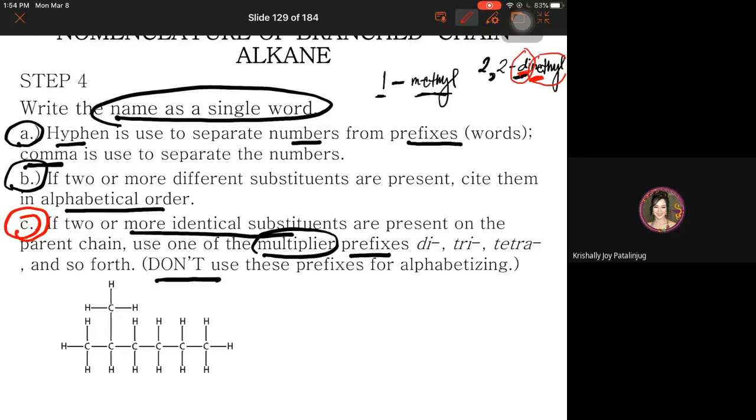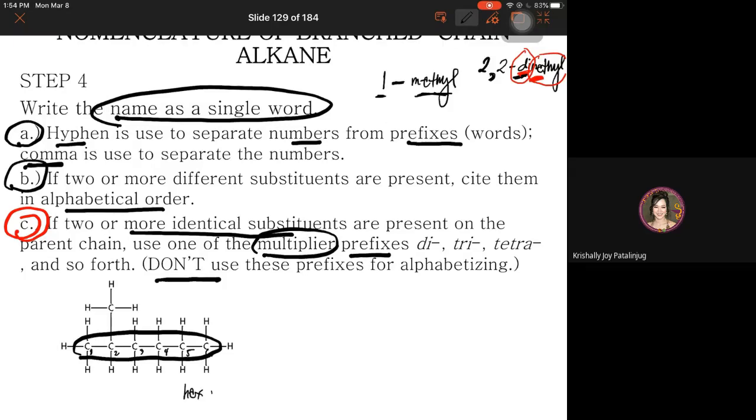Okay, let us now name all those molecules presented earlier. Remember this first molecule, the very first molecule in the first slide, step 1. For this molecule, before we name it, let's go back to step 2. The left side is carbon 1, 2, 3, 4, 5, and 6. So this is hexane.